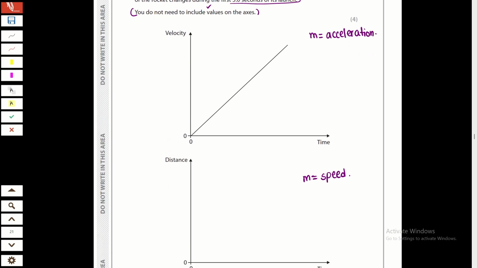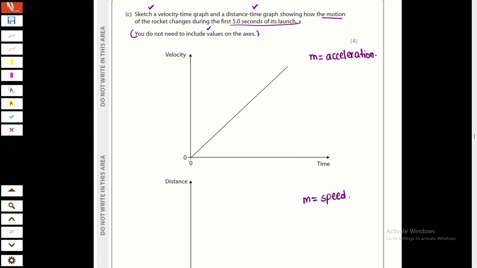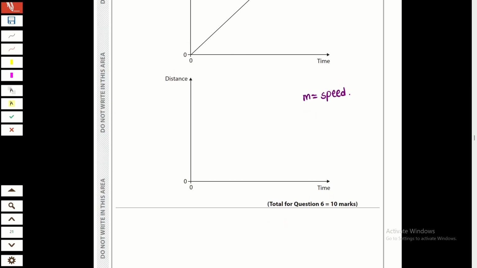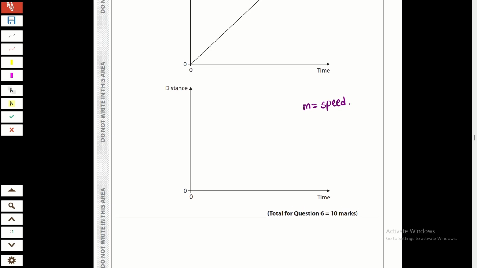As you can see, the velocity during this 5 seconds is not constant. The velocity is varying. The velocity is basically increasing, or in other words, the speed is increasing during these 5 seconds. So since the speed is increasing, the gradient of the distance time graph is also increasing. So the distance time graph would be a curve, but the curve would be of increasing gradient.